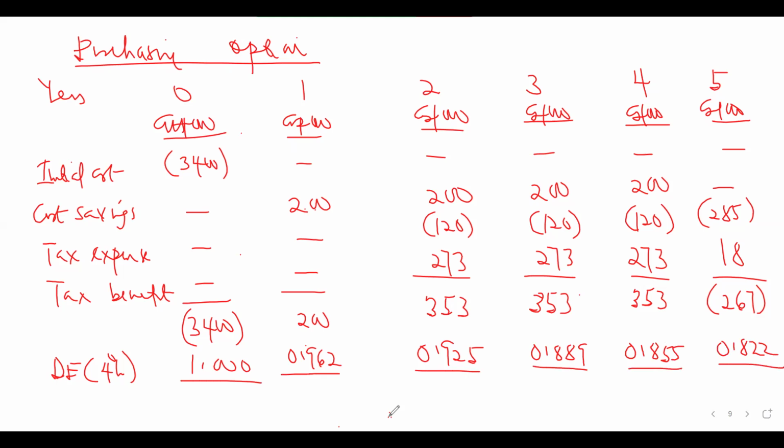So let's find our cash flow one by one, with 3,400 as a cost. 200 multiplied by 0.962, I'm having 192.4.